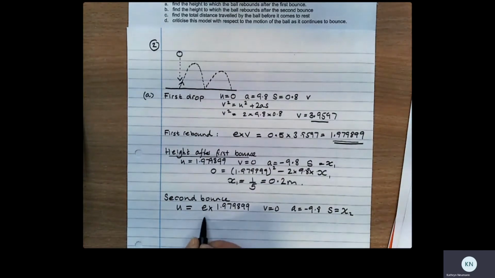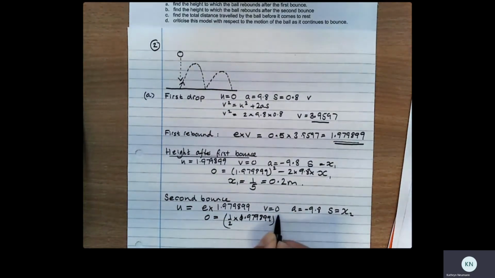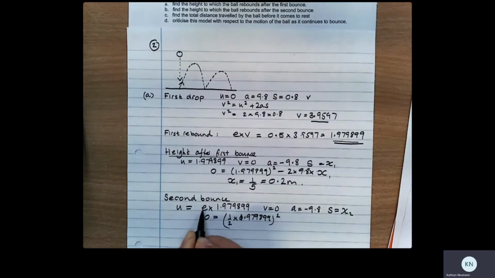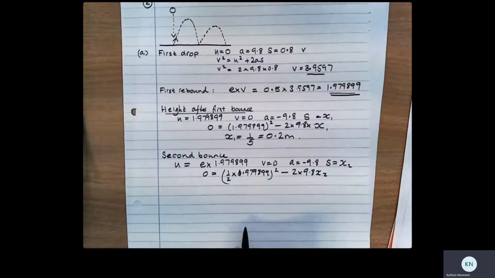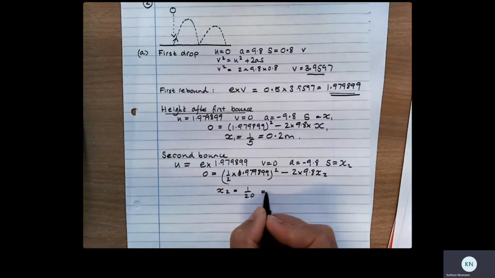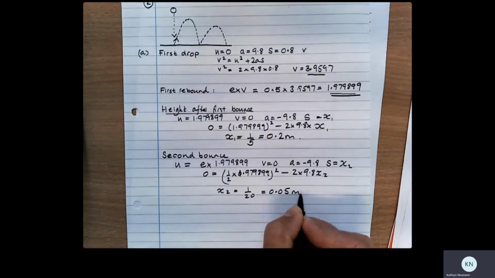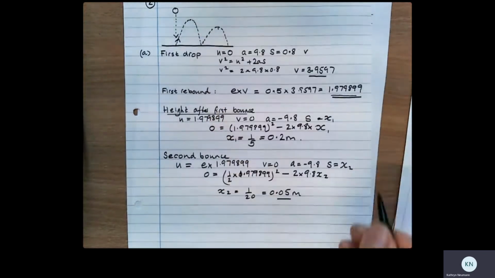We're going to use v squared is u squared plus 2as, so 0 is going to be a half multiplied by 1.979899 squared, so that's the e multiplied by this here, minus 2 times 9.8 times x2, and this gives me x2 is 1 over 20, which is 0.05 meters. So that's the height for the second bounce.